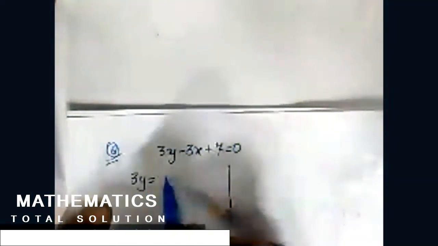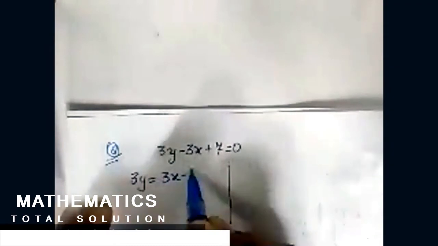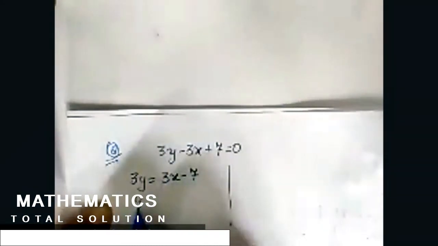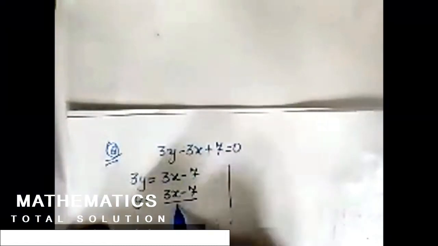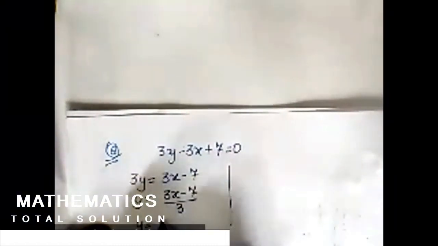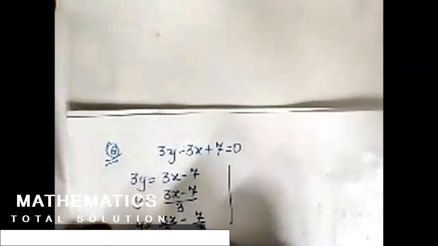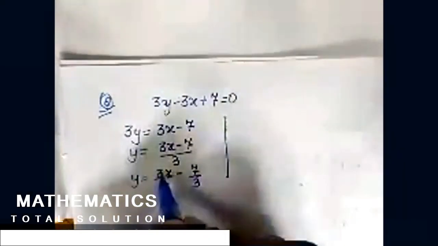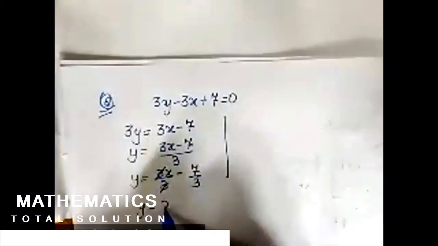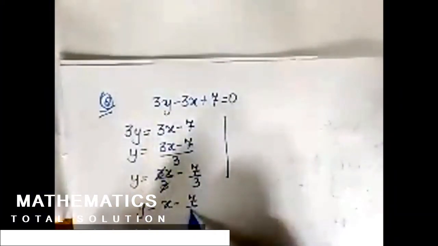We'll shift 3x that side. It will become 3x minus 7. 3 will go in the denominator. So this is 3x minus 7 whole upon 3. You will separate it. It will be 3x upon 3 minus 7 upon 3. All right. Then 3 and 3 will get cut. y is equals to x minus 7 by 3.